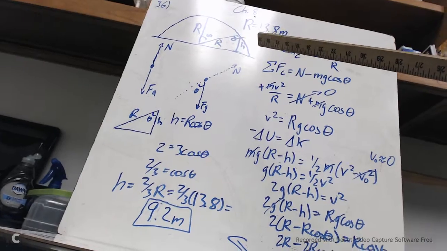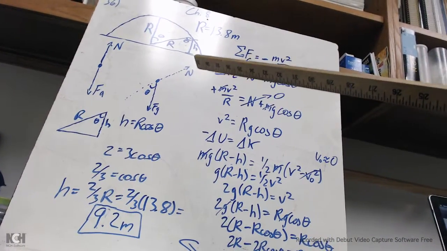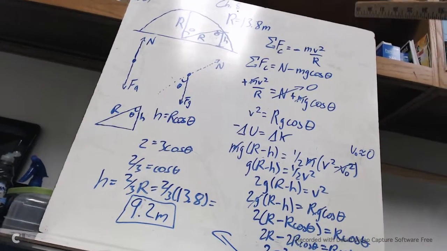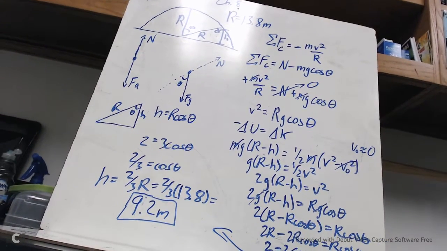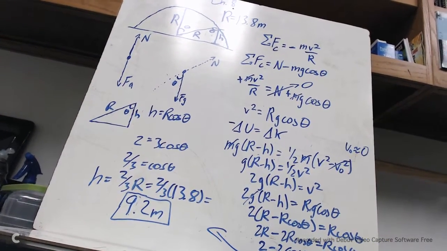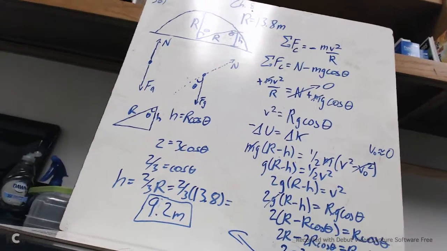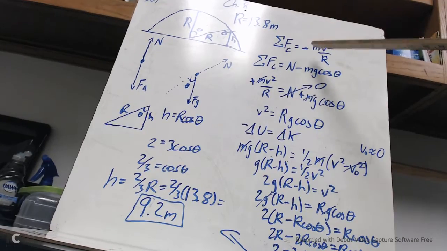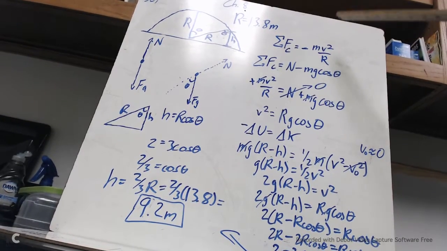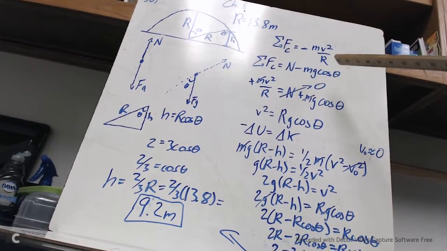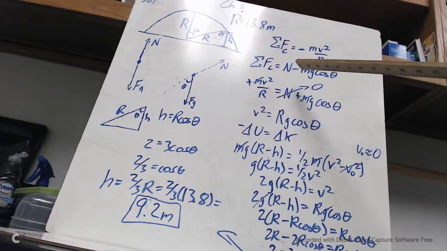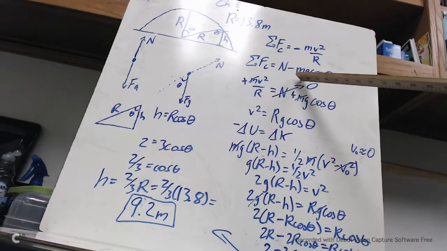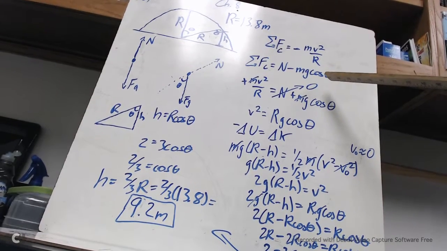So we'll draw the summation of centripetal force here, because this is not only a potential energy problem, but also a rotation problem. So centripetal force here is equal to negative mass times v tangential squared over the radius, and it is also equal to the normal force minus the force of gravity times the cosine of the angle.